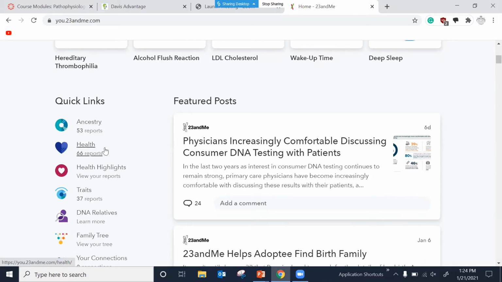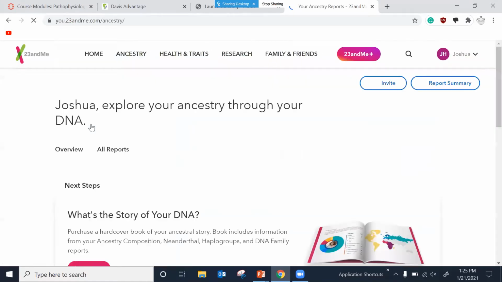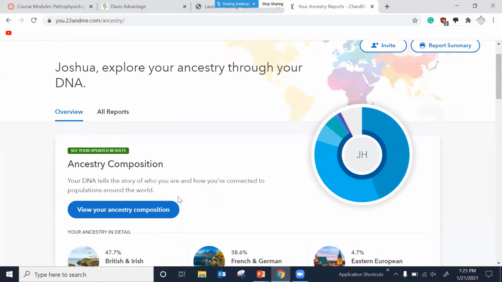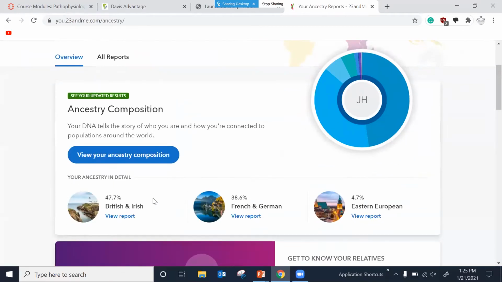It can track the genetics on your father's side for the last 120,000 years. So health report. Each of these in 23andMe are also very confusing, but they'll explain it to you.